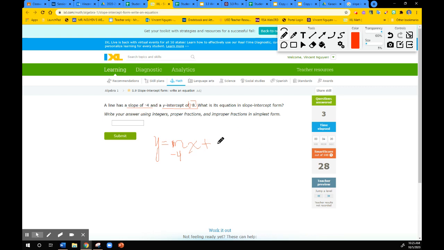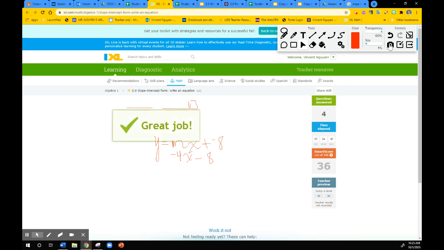Well, b is -8. So when I simplify my equation, it's going to be -4x minus 8 rather than plus 8, okay? So watch out for that negative. It's still easy. You just have to put a minus in there instead, okay? -4x - 8. Submit.